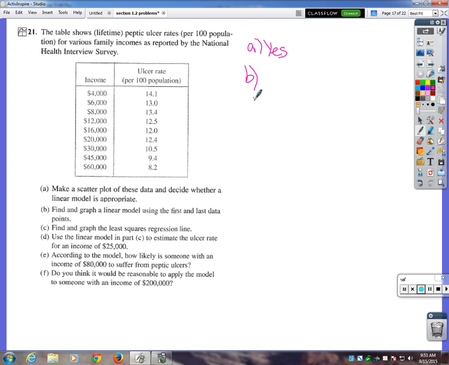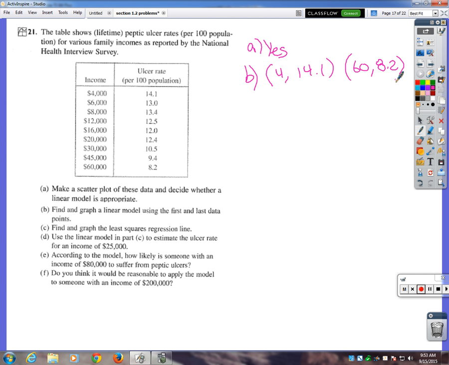Let's see. Find and graph what? Rate and amount. Oh, they want us to specifically use the first and last graph. Yeah. So, I'm having problems with... okay, so let's do the first one. Let's just do it the right way. It's not too hard. So this and then this. I guess they're saying that the more money you make, the less stress you have, so the less likely you are to have stress. Okay, that makes sense.